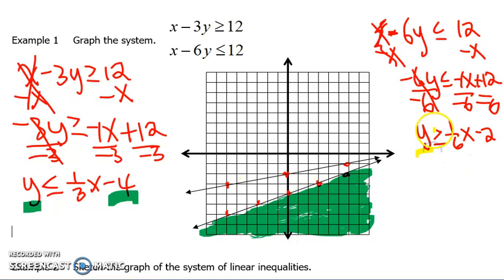Look at the y, and it's greater than or equal to negative 2. So we connect the line because it's equal to, a solid line, and then the greater goes up this way, greater than negative 2. So we're going to shade this section.